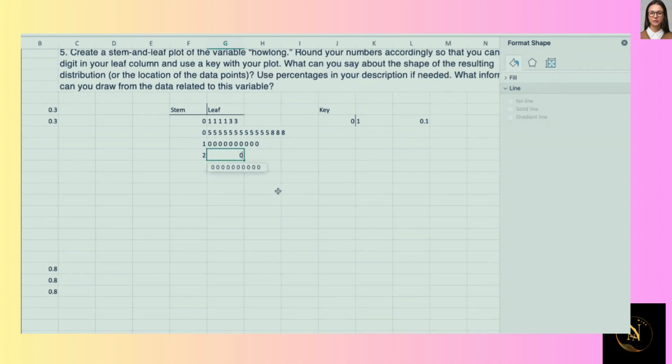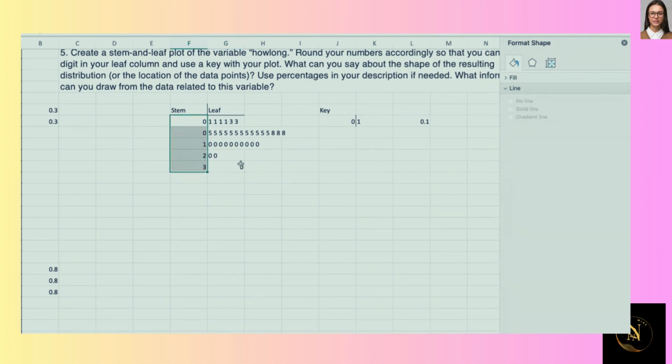So that's 0, 0, and then 1 3, and then a 0. And this is going to go all the way this way, and I'm going to put a border here. There we go. So here is my stem and leaf plot.